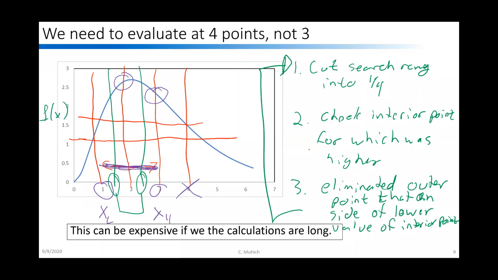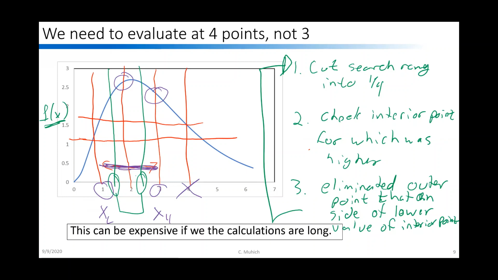So for example, in some of my own research, when we're doing these optimizations, the calculation of this f of x function can take an hour for each step. So just to get those 2 interior points, it would take 2 hours, right? So we would end up waiting a very long time for each successive step. Ideally, we'd like something that moves a little bit faster so that we can save some of this information.